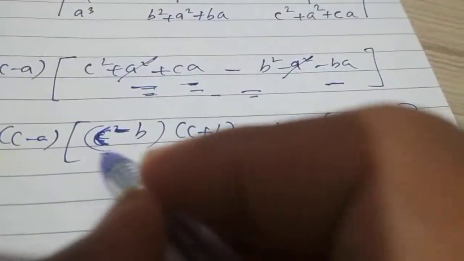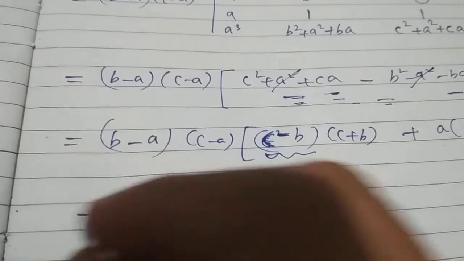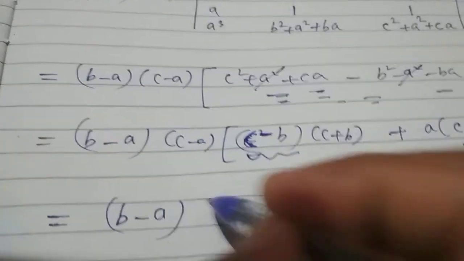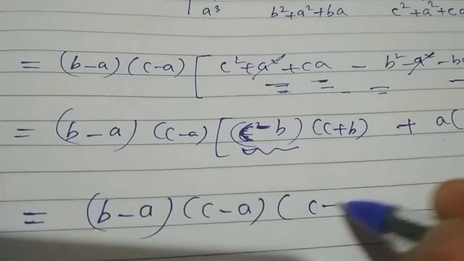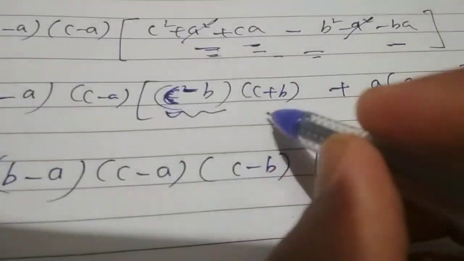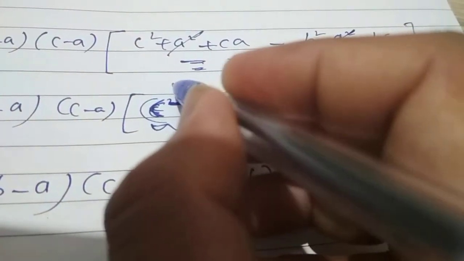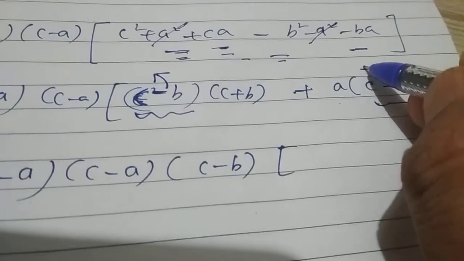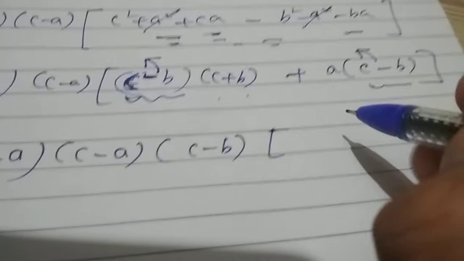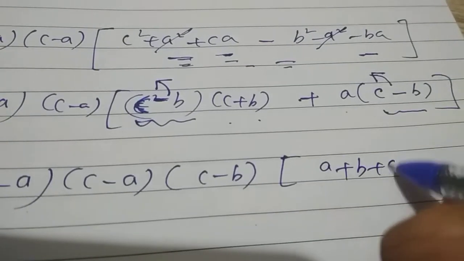Again c minus b term is common, so I will write like this, (b minus a)(c minus a)(c minus b), and the remaining things after taking out this term common in the third bracket, I'll get c plus b plus a, that is a plus b plus c.